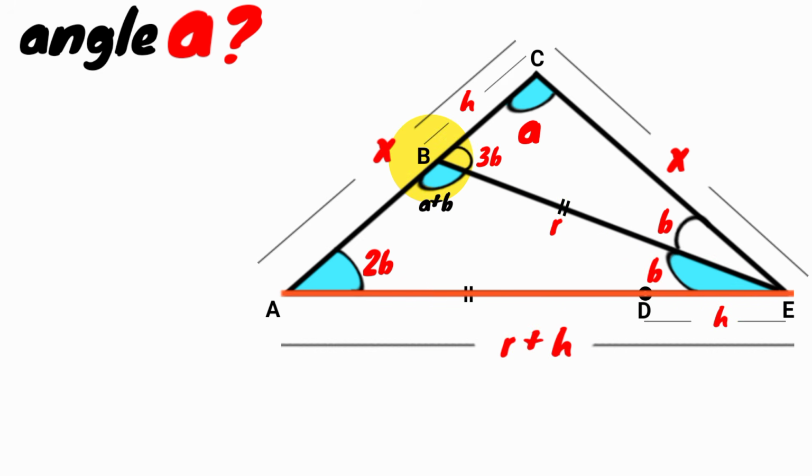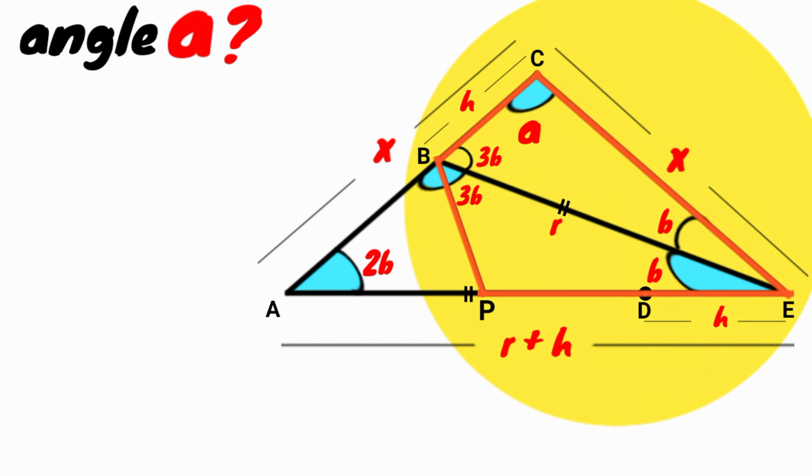From this vertex B, let's draw a line to a point on side AE so that it be at an angle same as this to side BE. Call this point P. Now let's look at this quadrilateral BCEP. This line BE is a diagonal, and we see it bisects this angle and this.